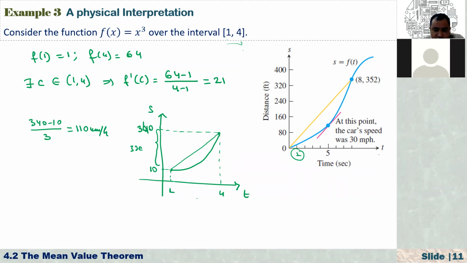It means that during this time, from the first hour to the fourth hour, there is a point t equal to t0 where your speed, which is the slope of the function, v of t0, that is f prime of t0, is equal to 110 kilometers per hour.